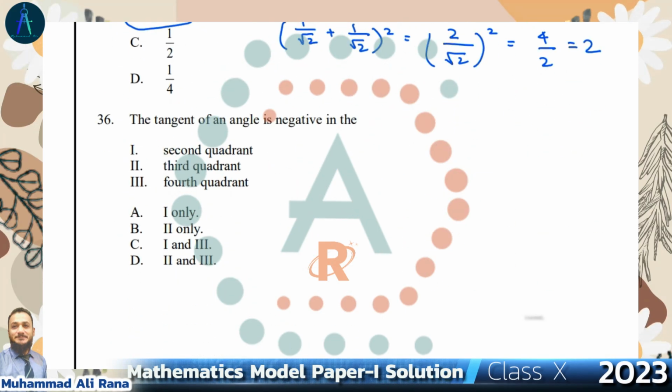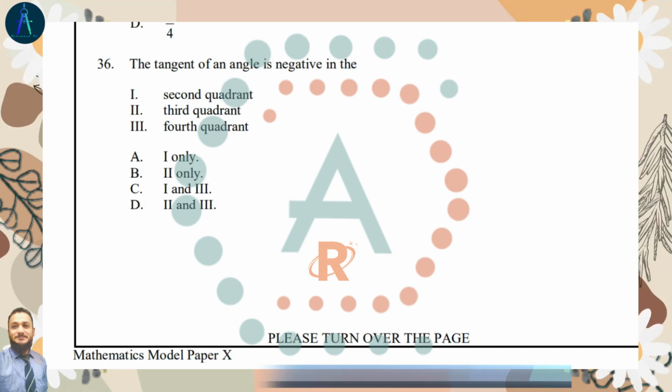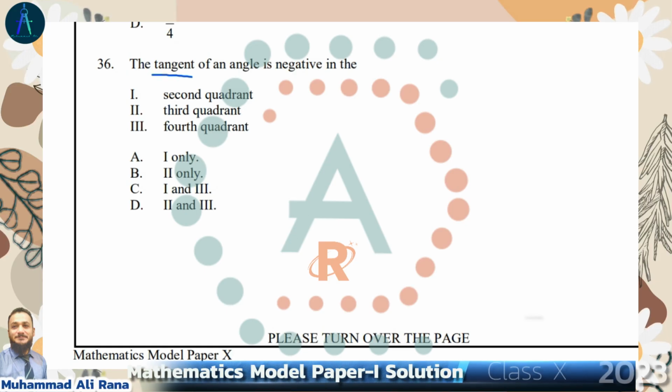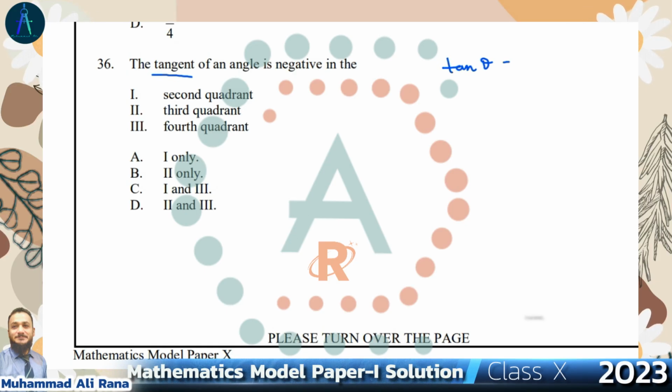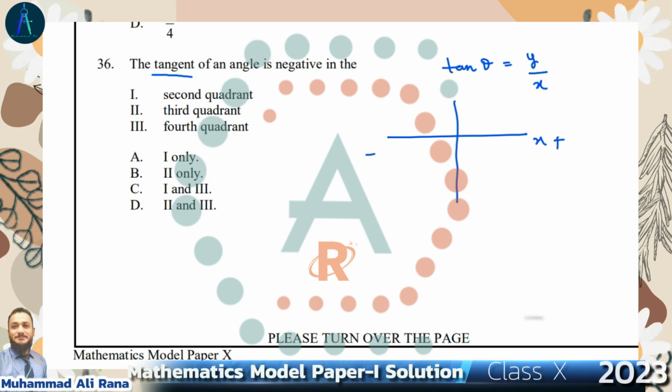The tangent of an angle is negative. So tangent is negative in which quadrant? We know that tangent theta is equal to y over x. So in the quadrants, this is positive x, this is negative x, this is positive y and this is negative y.